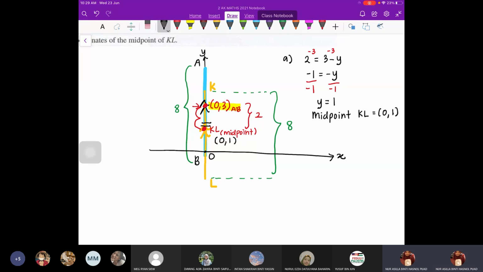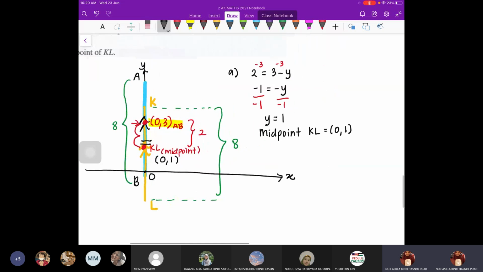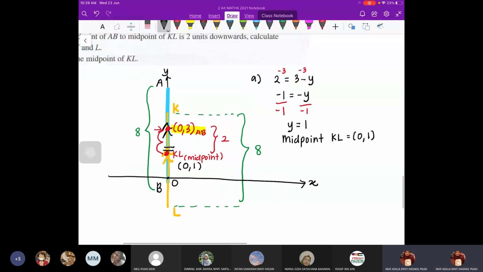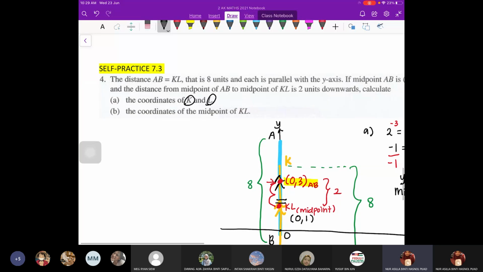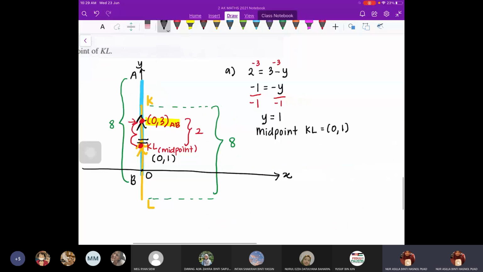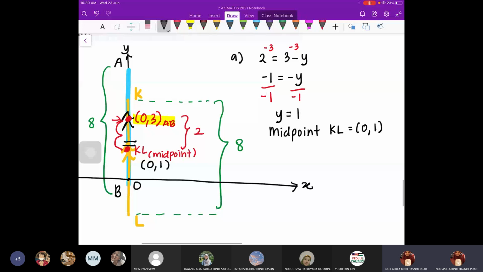Okay, 0, 1. Okay, tak menjawab lagi soalan: kenapa teacher nak tahu midpoint? Kerana saya nak kena cari K dan L. Midpoint AB tidak membantu teacher untuk cari K dan L. Tapi midpoint KL membantu teacher untuk cari point K dan point L.